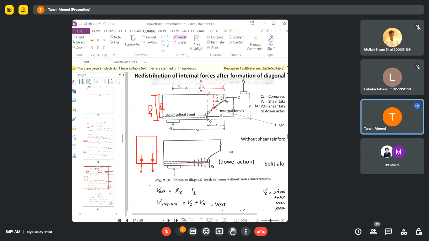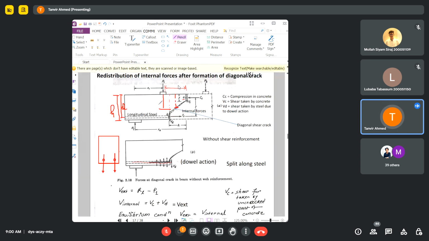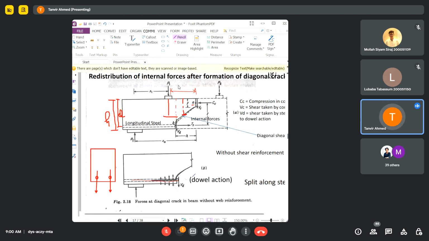This area will be the effective area for resisting the compression, right? So this will be your compression block in that case. What I am thinking here is an intermediate case of the one shown in the figure, okay?